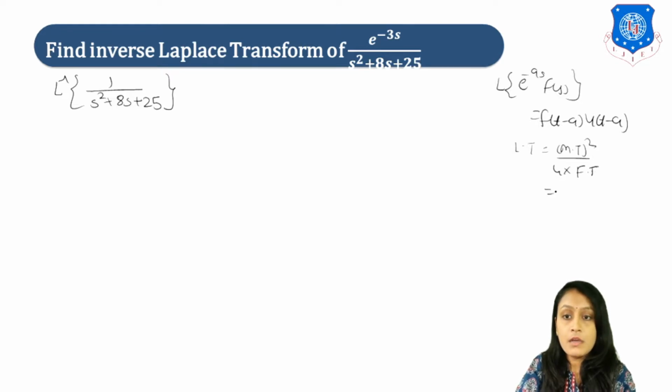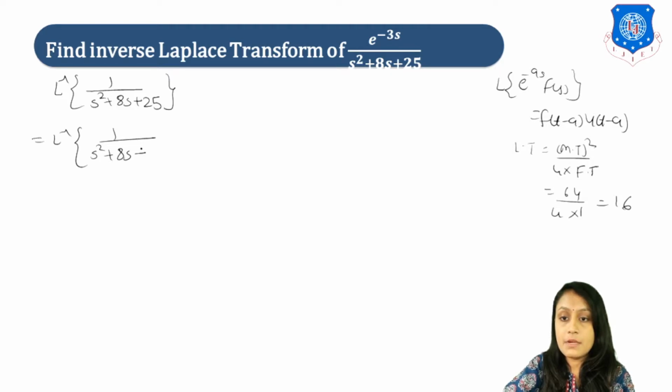Okay, now here middle term is 8. Okay, so it is 64 upon 4 into first term is 1, right? So this answer is what, 16. So this is Laplace inverse of 1 upon s square plus 8s plus 16. Now as we are adding 16, so we'll subtract also.